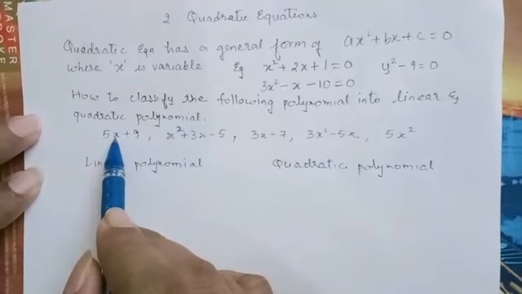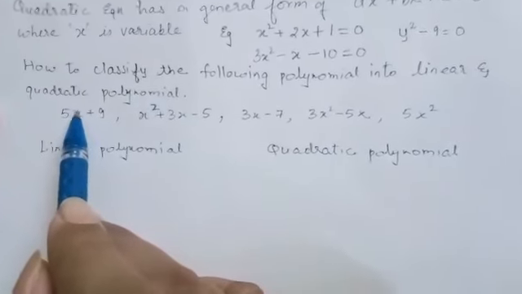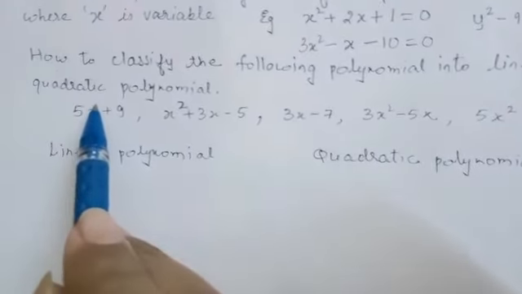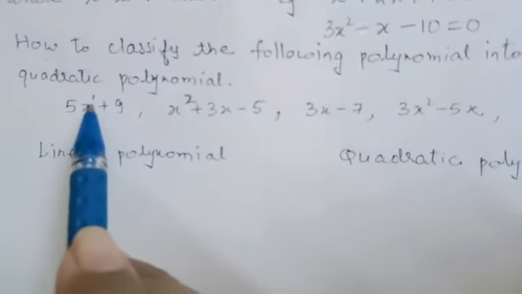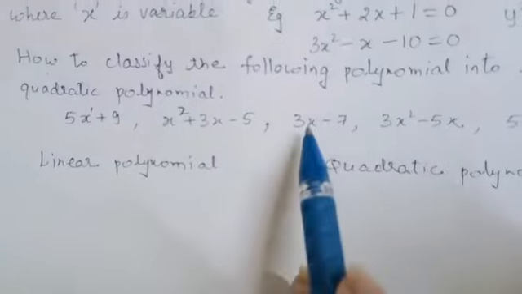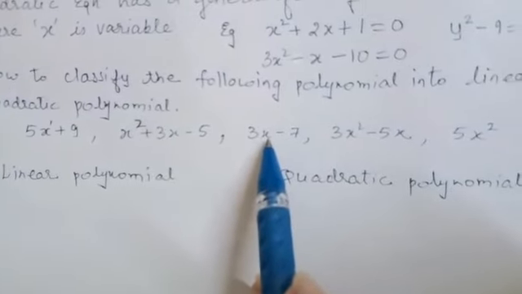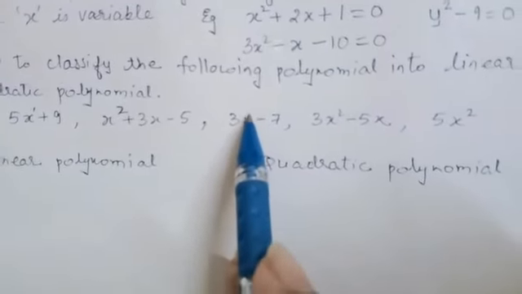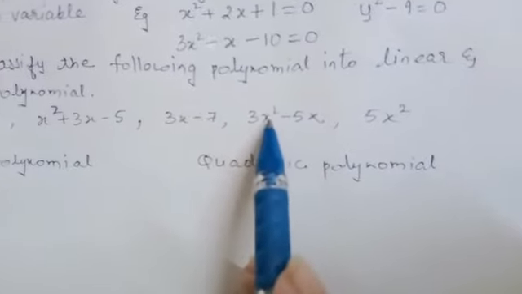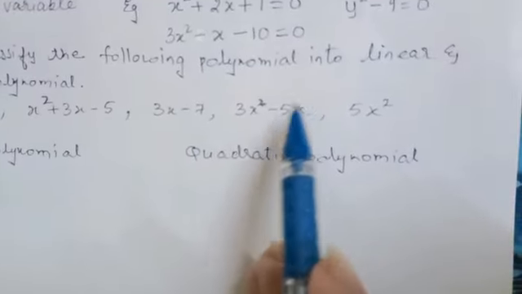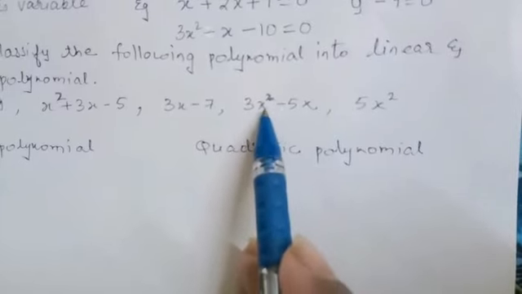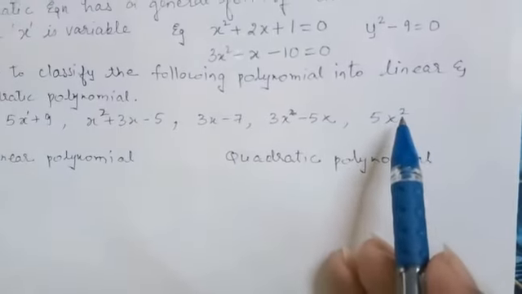Listen carefully, x raised to nothing means 1. If we don't write it, no problem. So it has a degree 1, it has a degree 2, it also has a degree 1, but it has a degree 2, and here also it has a degree 2.